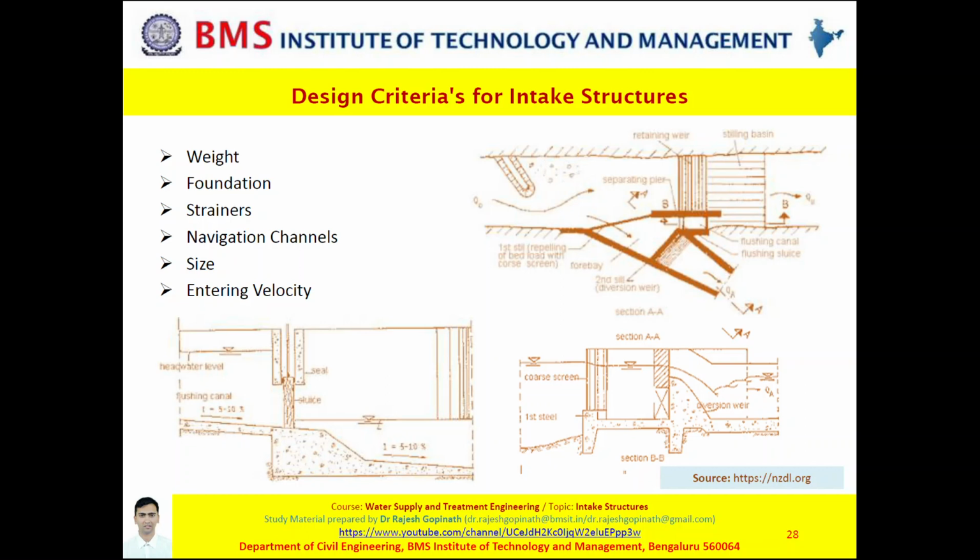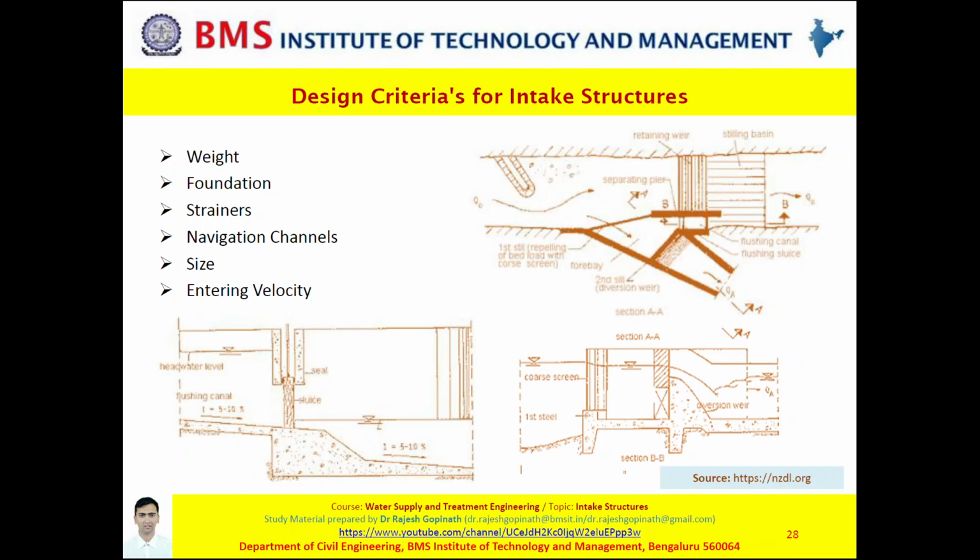Now, intake structures should be of such a size and strategically located so that sufficient quantity of water can be obtained from the intake under all circumstances. As a matter of fact, we should ensure that these structures are not located at turns, so that they are not exposed to rapid currents.